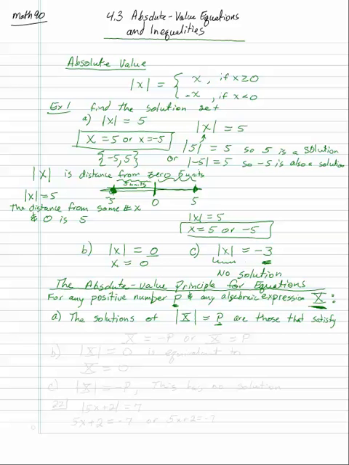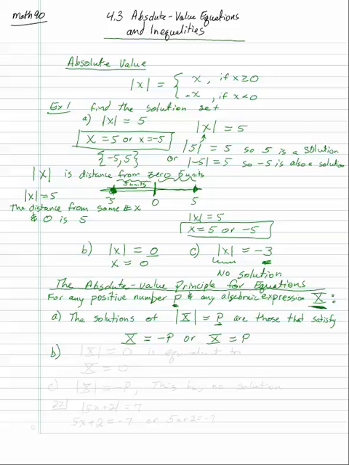If you have something inside the absolute value equal to a positive number, then whatever that expression is could be equal to the opposite of p, or it could be equal to p itself. So we got two cases, and then you just solve those equations.